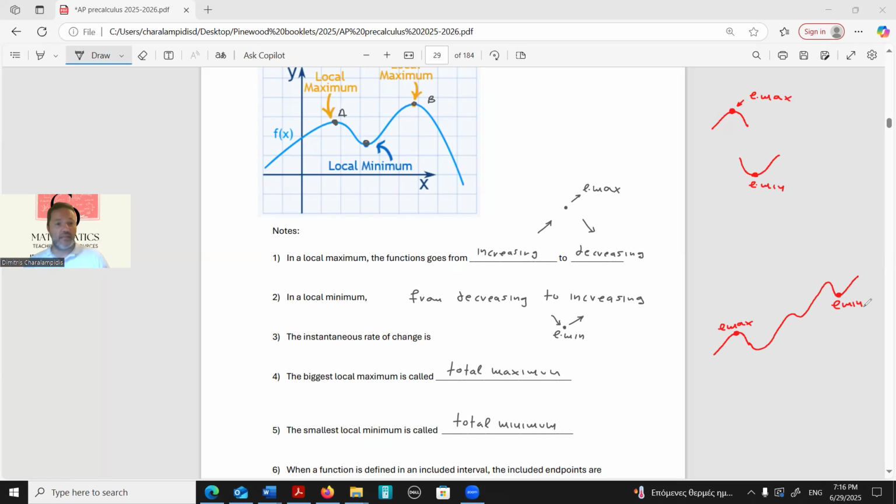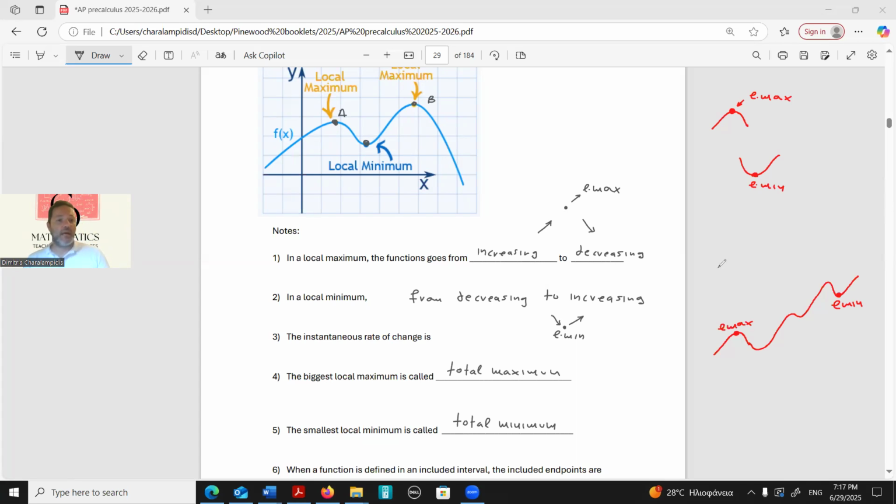No one ever said that local maximums should always be placed above local minimums. Local max is just the point where the graph does this, and local min is just the point where the graph does that. So yes, under certain cases, a local max could indeed be below a local minimum. However, the total maximum is always at the top, and the total minimum is always the smallest value.